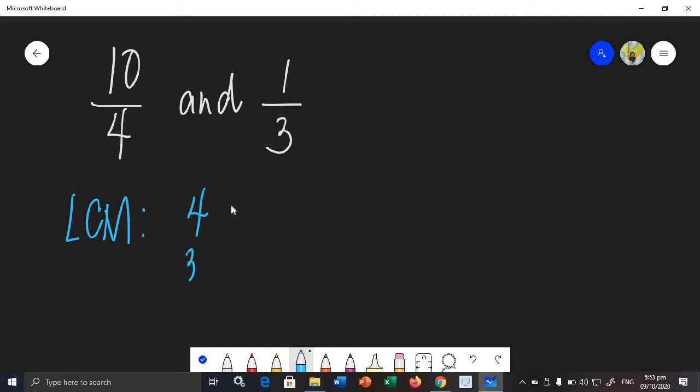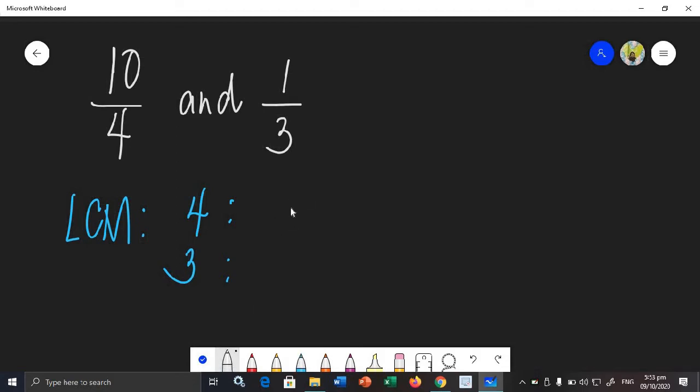4 and 3. When we say least common multiple, multiples are just like us keep counting. So let's say multiples of 2: 2, 4, 6, 8, 10. Multiples of 4: 4, 8, 12, 16, and such.